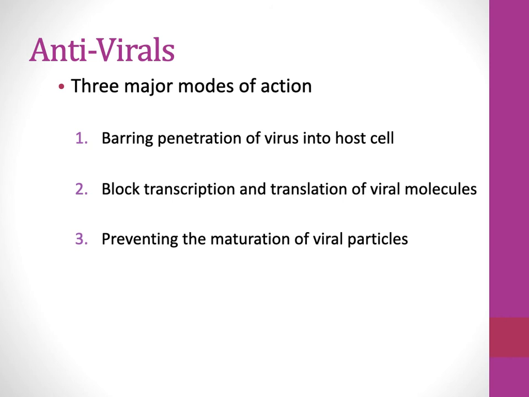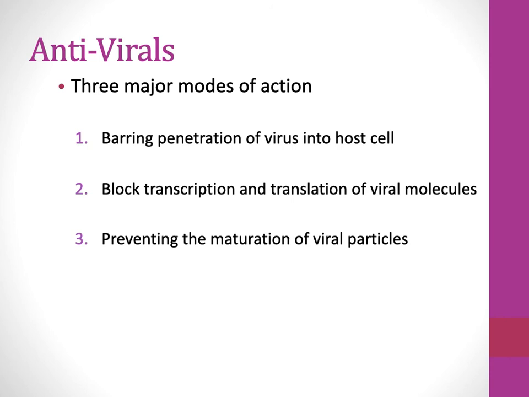And so one is to prevent the entry into the host cell, and this is by blocking receptors on the surface that allow the entry. The next mode of action is where we block transcription and translation, so the making of these viral molecules. And then lastly, preventing the maturation of these viral particles.